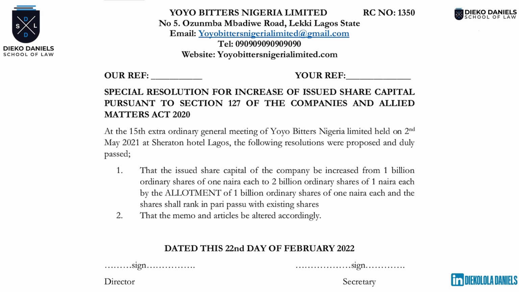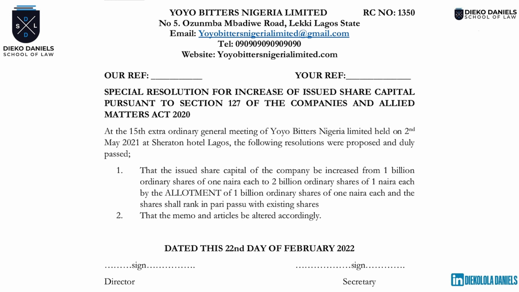That the issued share capital of the company be increased from what to what by what. Be increased from what to what by what, and what is the rank of the shares. Do you understand that?